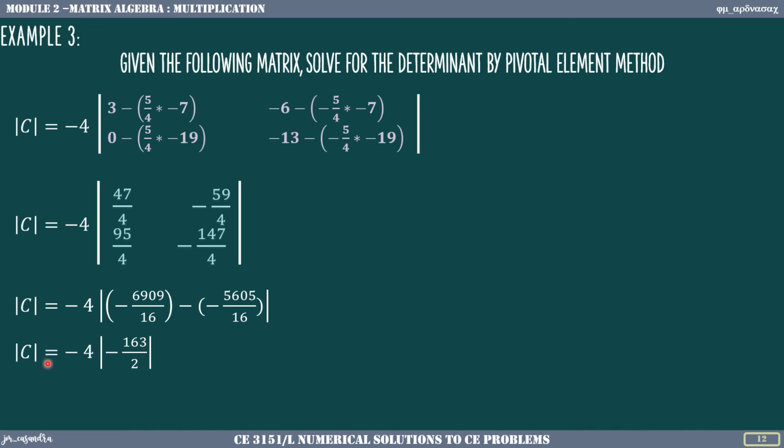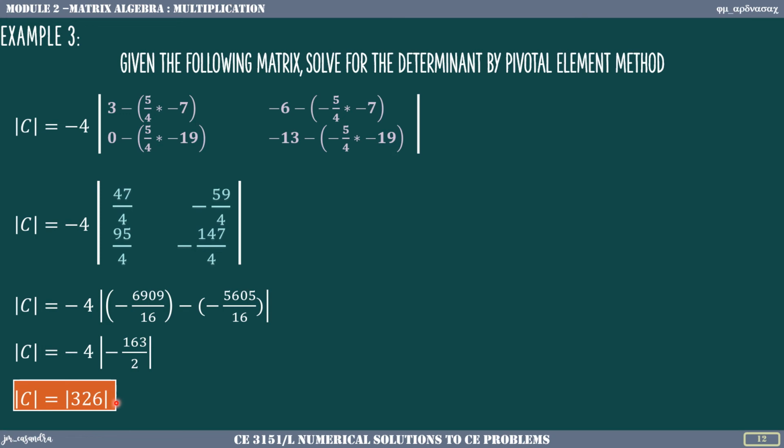And multiplying now negative 4 to this element, we arrive at a value of 326. Okay, so the determinant of matrix C is now equal to 326.